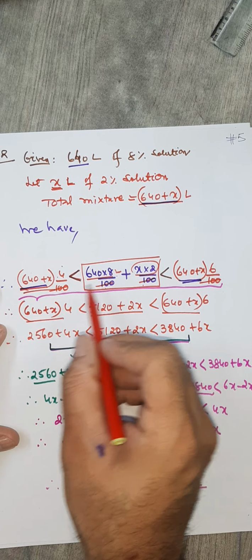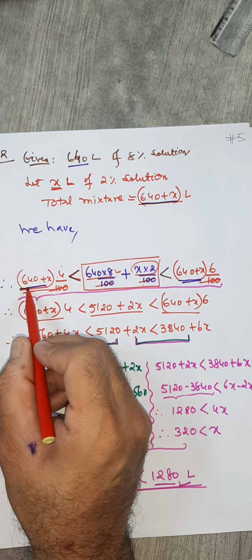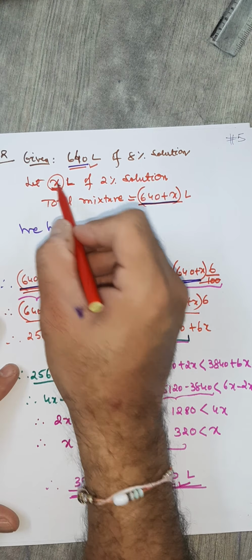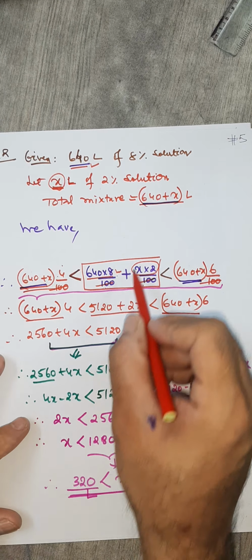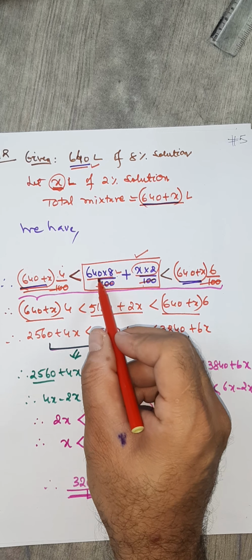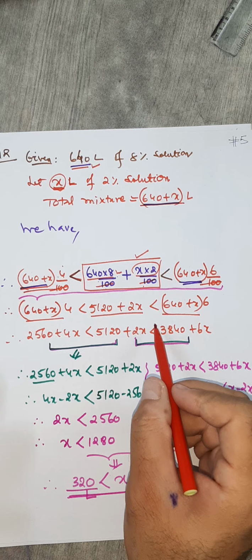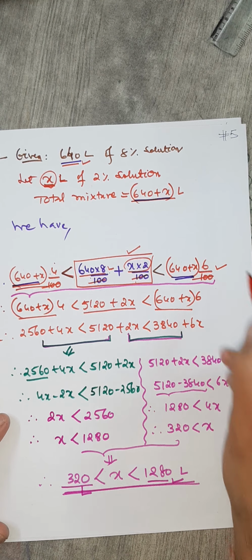This is the total mixture, 640 plus x, because 640 you are given and x liters you had assumed. This is indirectly the resulting mixture, remember, 8% of 640 liters and 2% of x liters, and then this is just simple algebra. Remember, the only important portion is this.